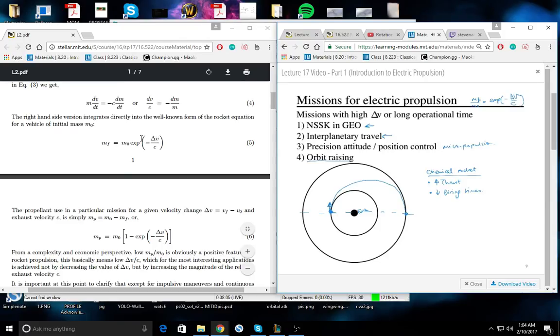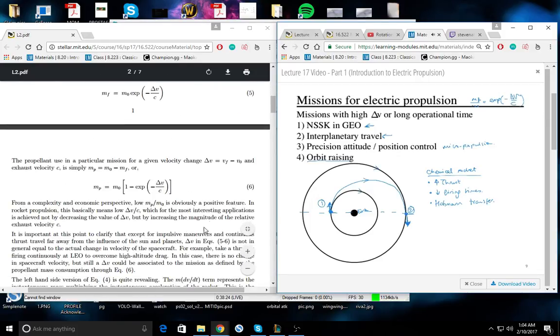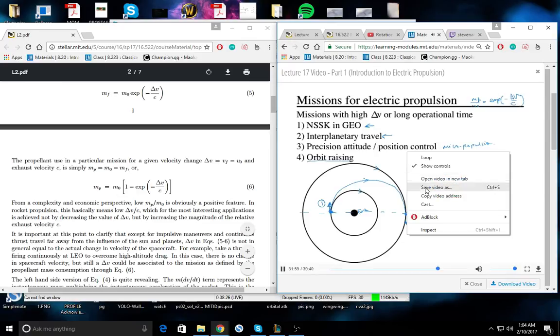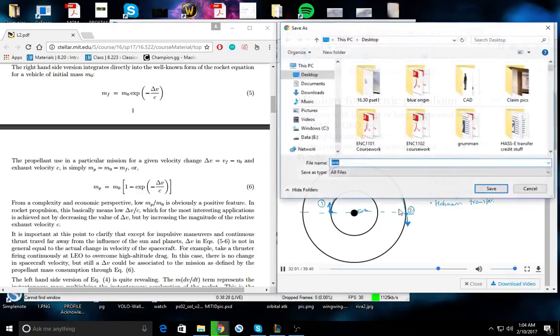Then, to circularize that orbit, we give a second impulse at the apogee of that elliptical trajectory. This is what we call a Hohmann transfer, which requires two impulsive maneuvers. I think you will cover this type of trajectory later on with Professor Barrett.